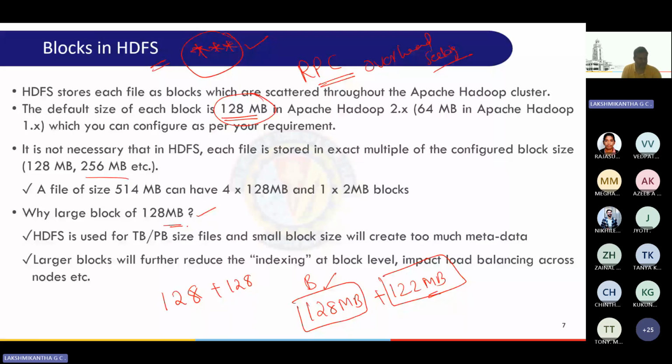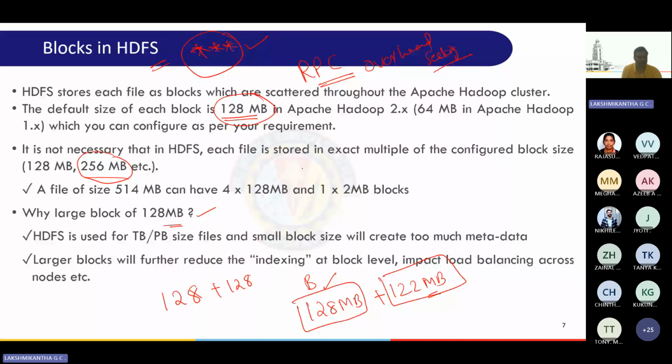I'm getting so many questions. Sir, why 122 MB? Here I have taken the size of my file as 256, right? But I just gave the example of 250 MB.